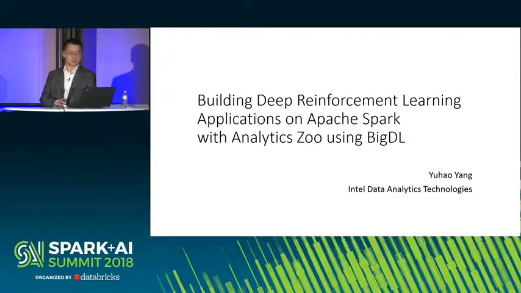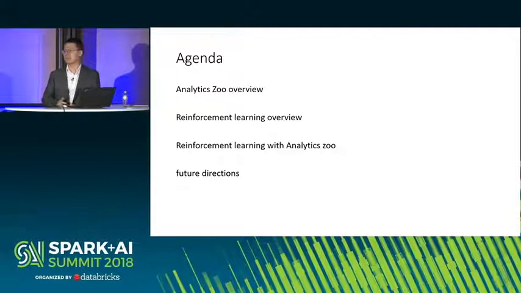Basically, we built this library called BigDL that enables big data users to train their deep learning models using their existing clusters. And now we are building a new project called Analytics Zoo. I will talk in more detail in the coming slides.